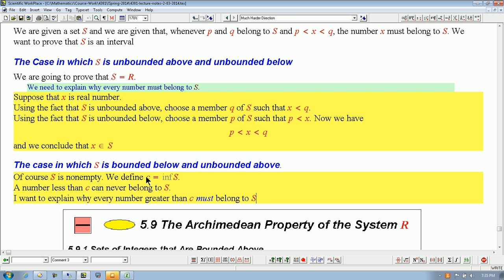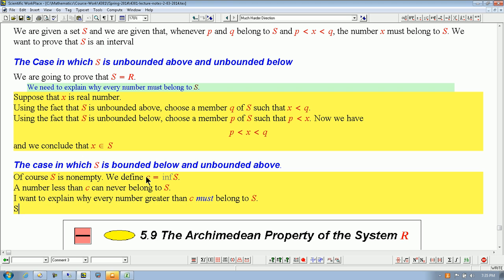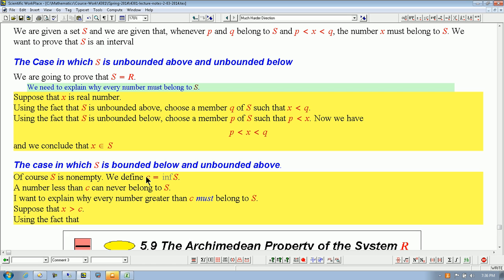Does it seem reasonable? How do you prove that something happens for every? What am I about to write? Suppose that X is greater than C, right? Okay. Using the fact that X is not a lower bound of S, how do you know X is not a lower bound of S?